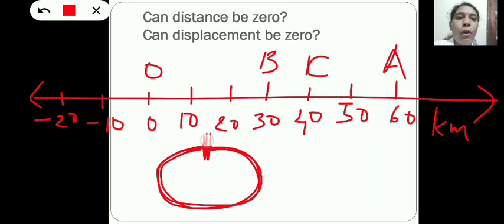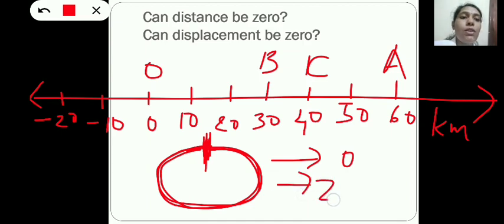So its initial point is this and its final point is also this. So when the object completes one circular motion, the displacement is 0, but at the same time the distance will be equal to the circumference of that circle because the object has covered some distance. So this is the case when the object can have 0 displacement even if the distance is not 0.